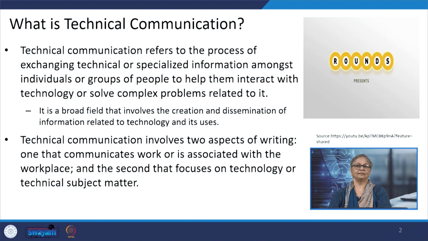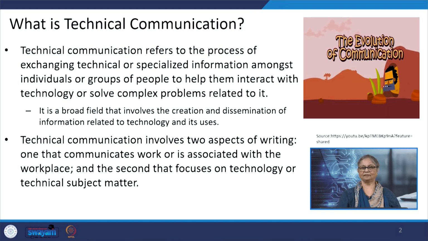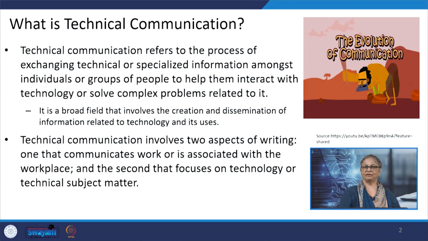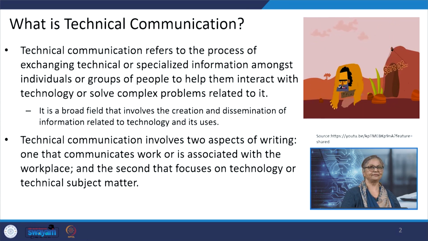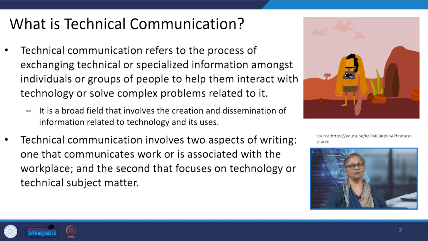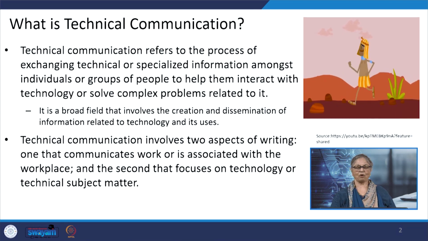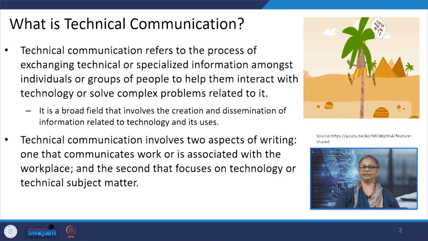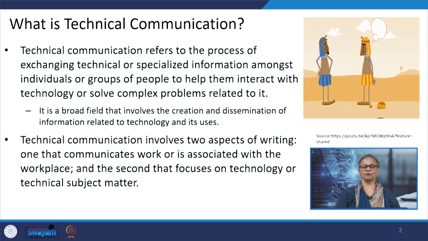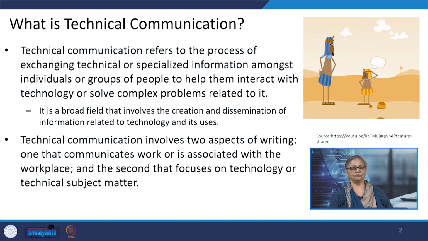The term technical communication refers to the process of exchanging technical or specialized information amongst individuals or groups of people to help them interact with technology or solve complex problems related to it. It is a broad field that involves the creation and dissemination of information related to technology and its uses.